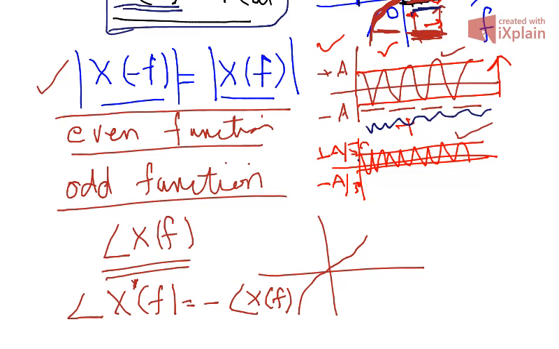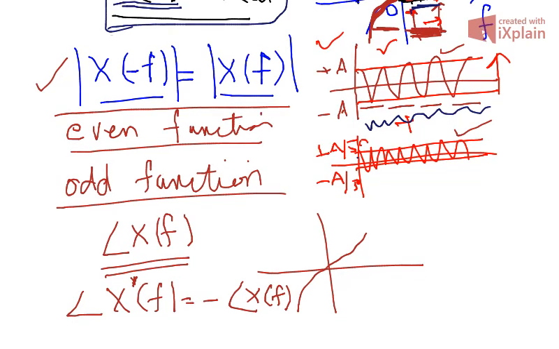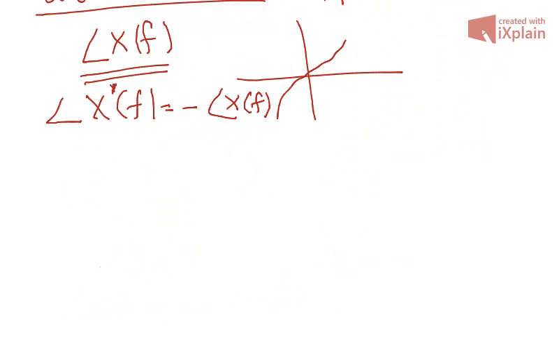Now what is actually the conjugate? I just showed you the conjugate using complex numbers. Let me discuss it with the help of signals, because we will talk about signals.